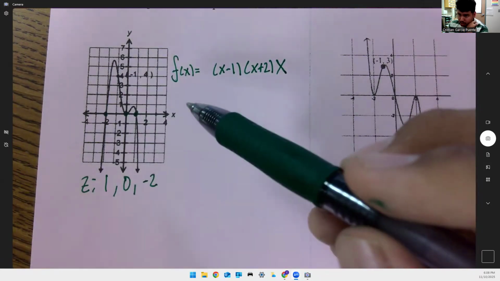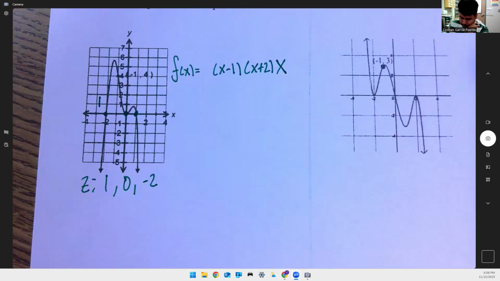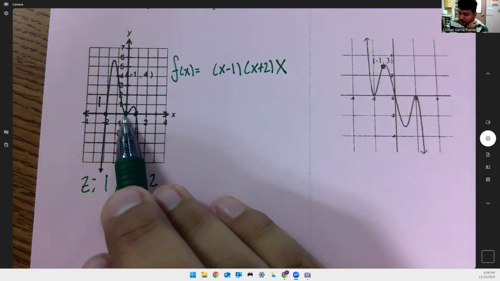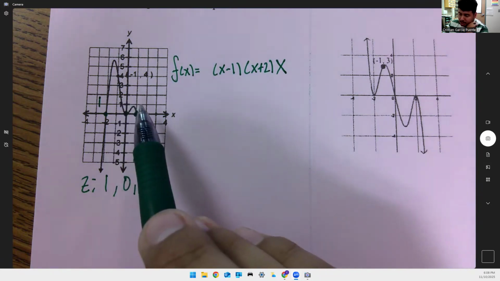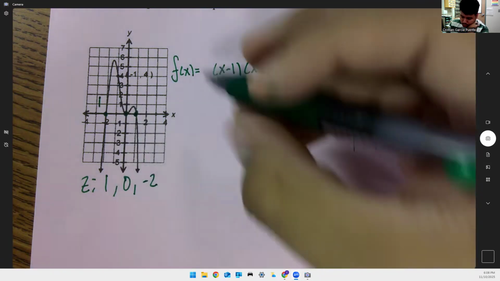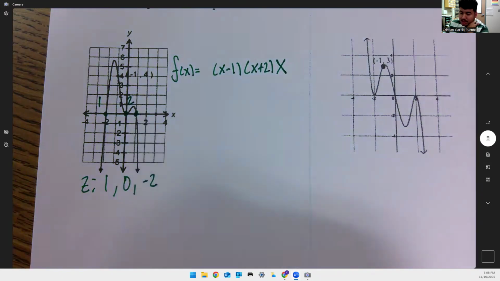It crosses. So we're going to put a 1. What about this middle one, the 0? Does it cross or bounce? It bounces. So we're going to put a 2. And what about this last one? Does it cross or bounce? It crosses. So we're going to put a 1.